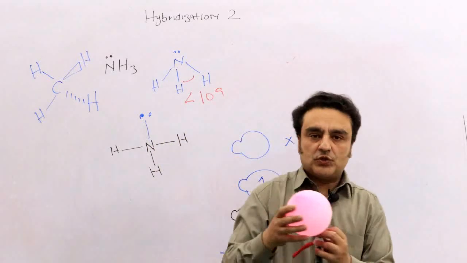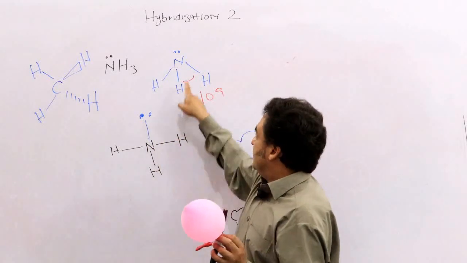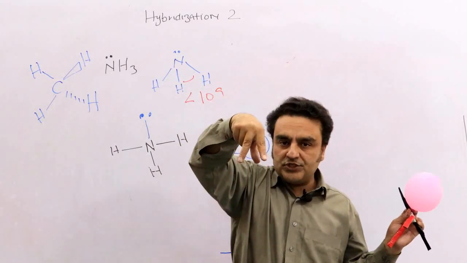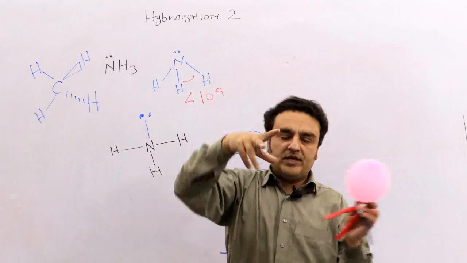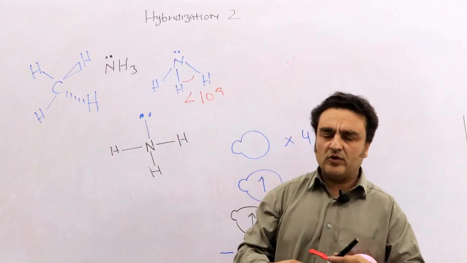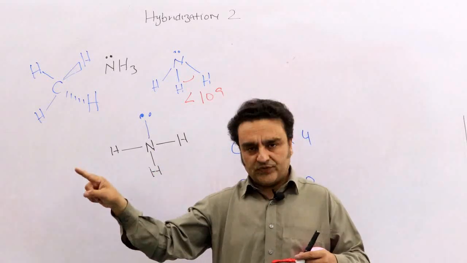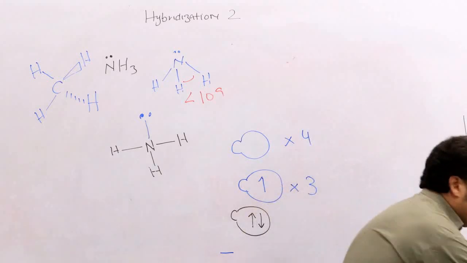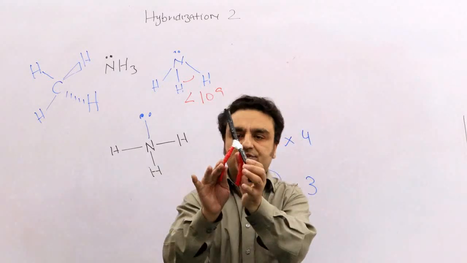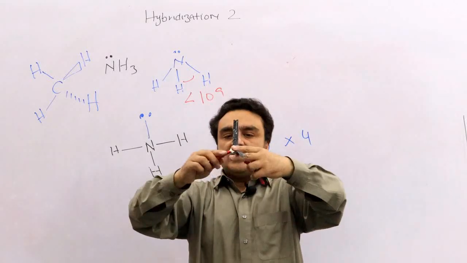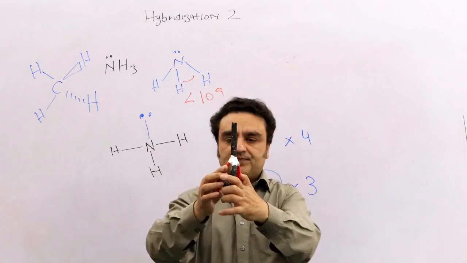So the angles between them are about 107 degrees. If nitrogen had hydrogens attached without a lone pair, it should be 109.5, but now it has a lone pair attached, and the lone pair pushes the other bonds more. Suppose this is the lone pair and these are the normal bonds, it shrinks them.